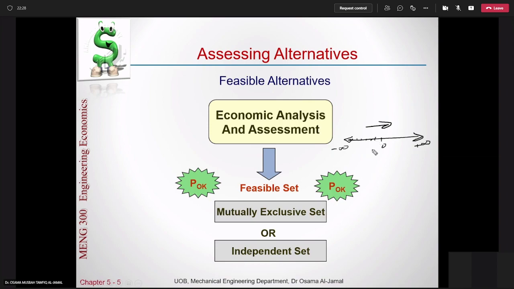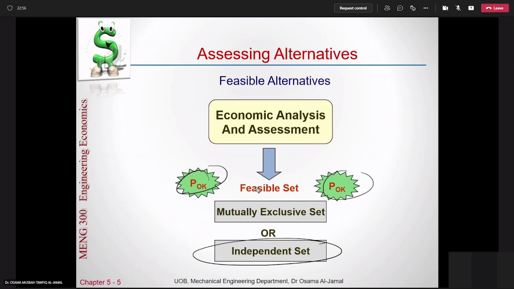We have negativity on this side, we'll select the less negativity. We have values in here, we'll go with the highest positive value. If we have a mutually exclusive set of projects, we'll select one and only one. But if we have independent projects, we'll go with as many as we can from those projects available within the budget, not to exceed the budget.